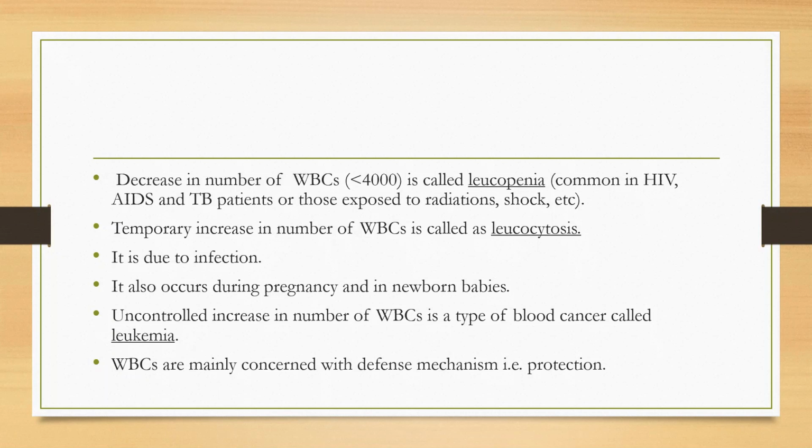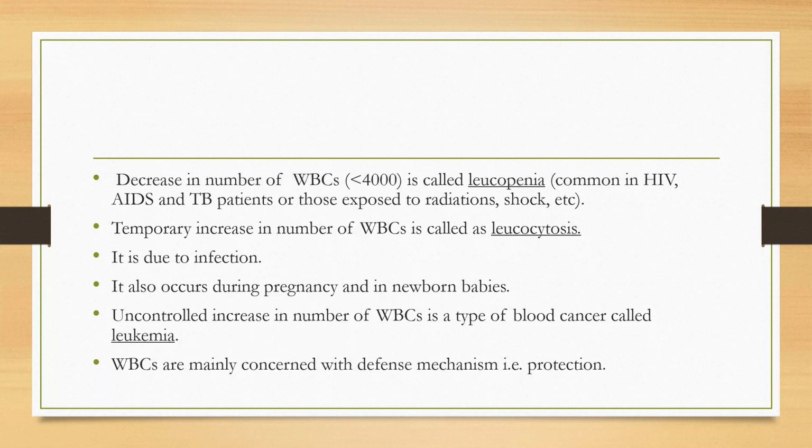We know cancerous cells do not remain at one place. They go to different places in the body and keep on dividing. So this leads to cancer. When there is an uncontrolled increase in the number of WBCs, it leads to blood cancer, which is also called leukemia.